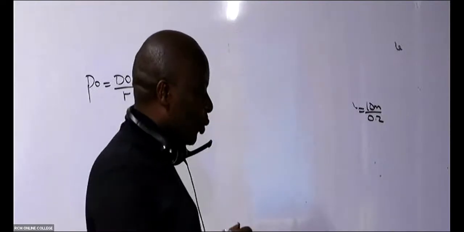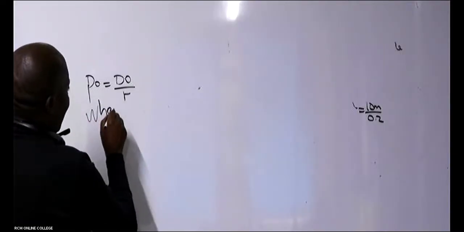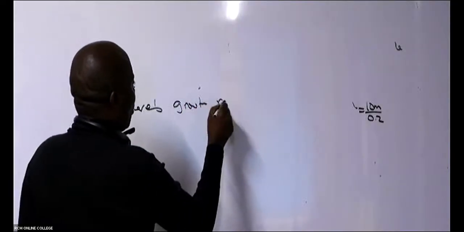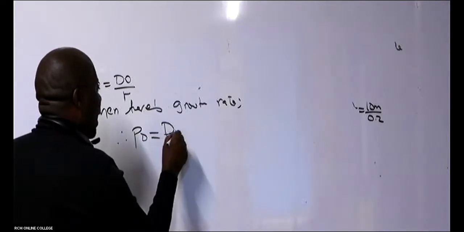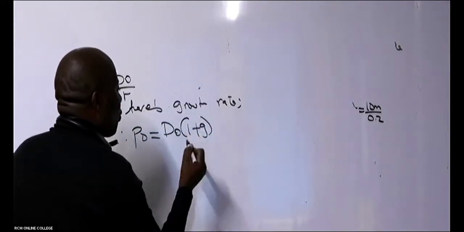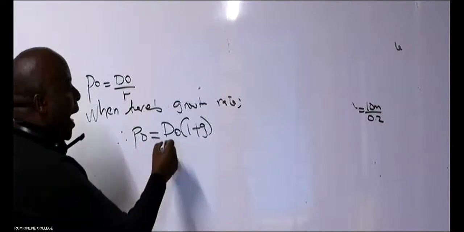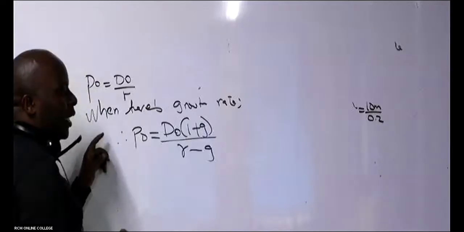So when there is a growth rate, then in this case my P0 becomes D0, which of course has to grow: D0 into 1 plus g, all over R minus g.